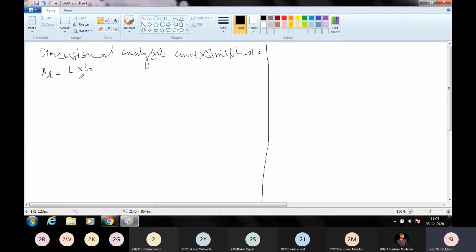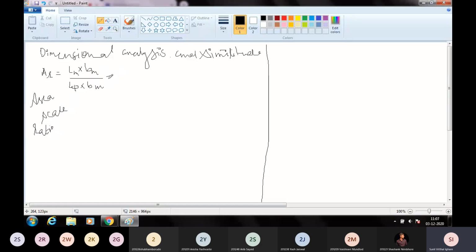This is the length of the model and this is the width of the model, divided by the length of the prototype into the width of the prototype. So this is how I write the area scale ratio. We have a formula, no? Area is equal to length into width, but to write the area scale ratio, this is the format.